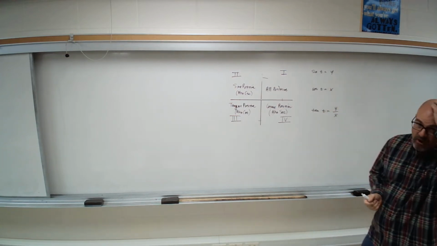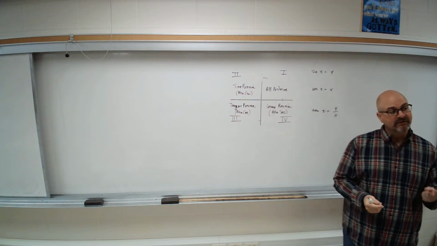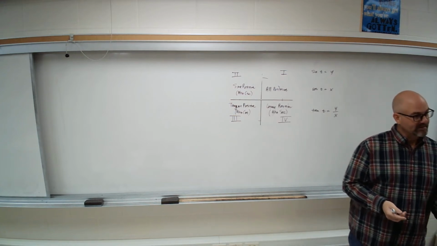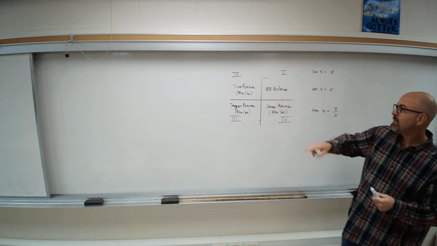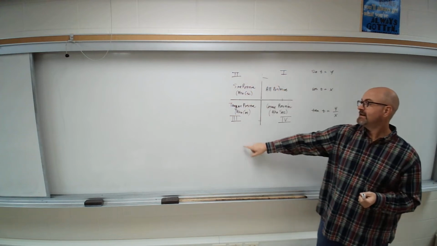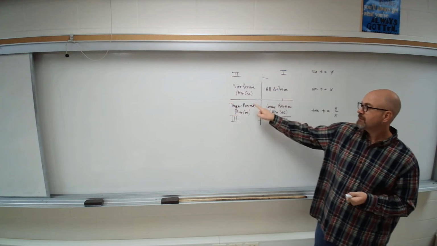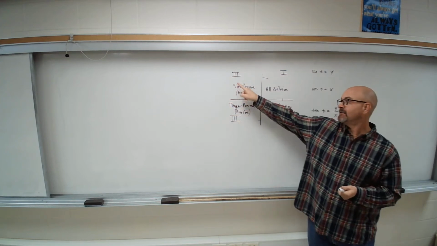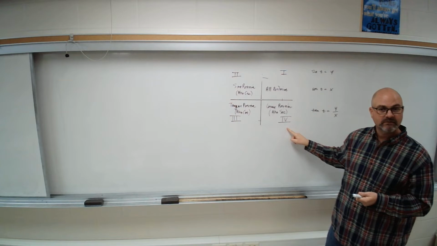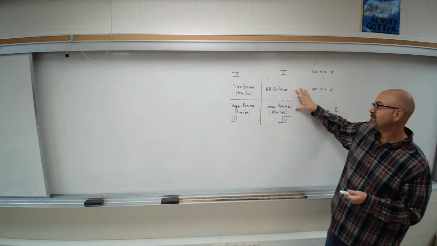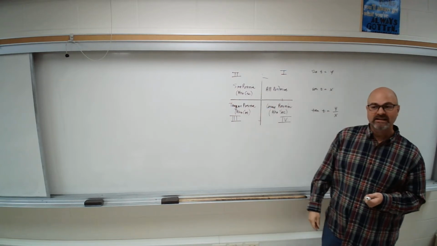So if you'll notice, each trig function is positive in two places and negative in two places. If you take sine, it's positive in the first and second. It's negative in the third and fourth. If you take tangent, it's positive in the first and third. It's negative in the second and fourth. Cosine's positive in the first and fourth, negative in the second and third.